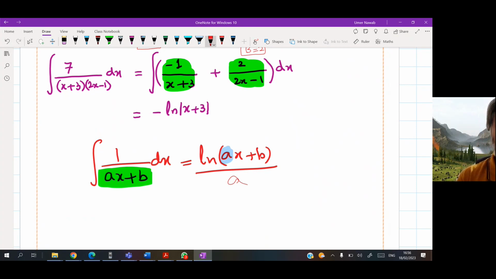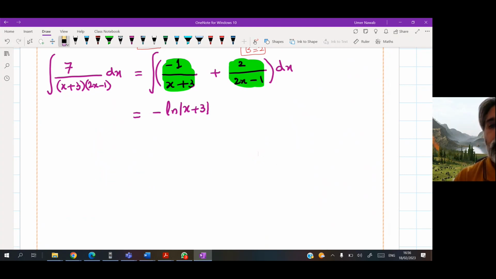That is the technique which you studied earlier. I'm going to apply that one here. So minus ln of x plus 3 divided by 1 because the coefficient of x is 1, plus 2 times ln of 2x minus 1 divided by 2 because the coefficient of x is 2, plus c.